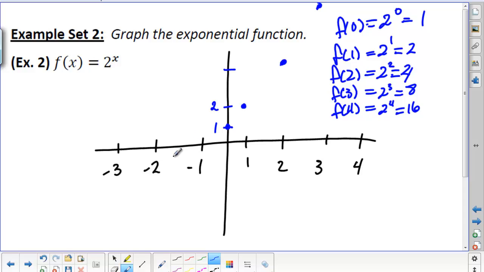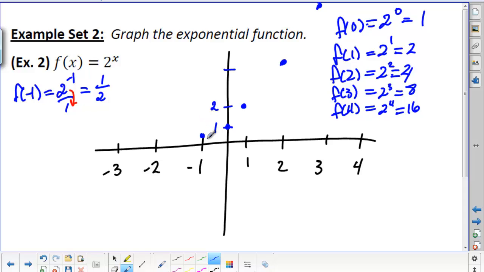Now, on the other side, if we do f of negative 1, that's 2 to the negative 1 power, and this is where we get into those properties of exponents. A negative 1 power, if you'll recall, we can simplify by flipping it, right? It's like a reciprocal. So 2 to the negative 1 is really the same as 1/2.